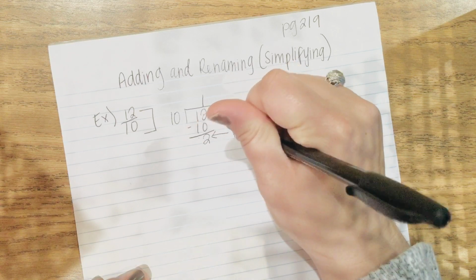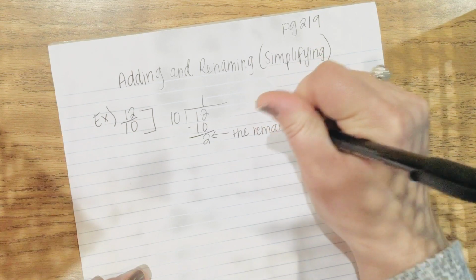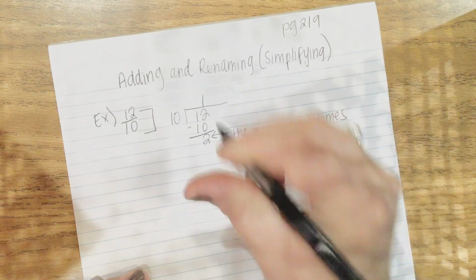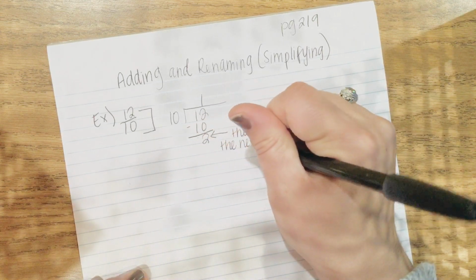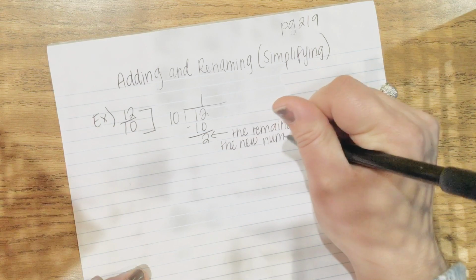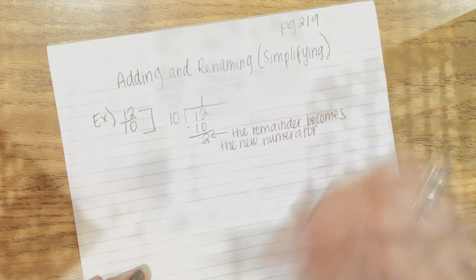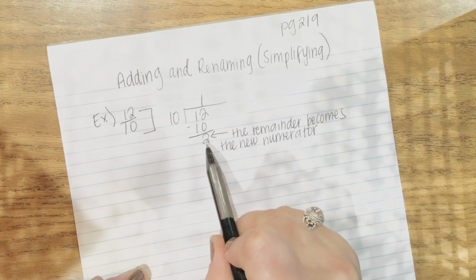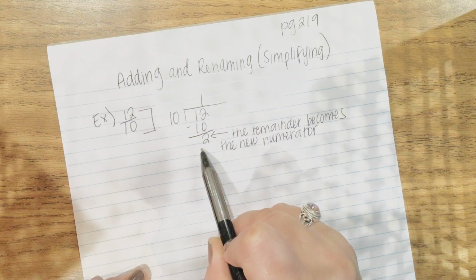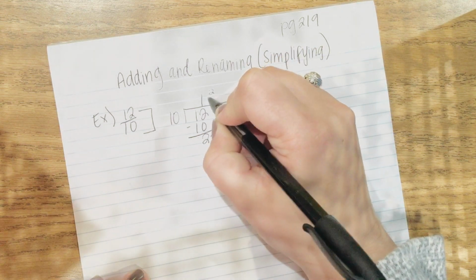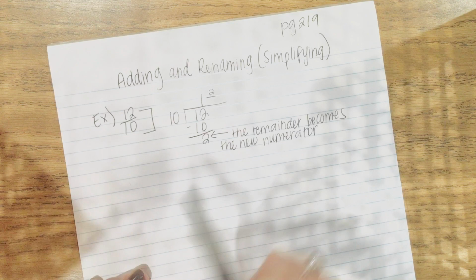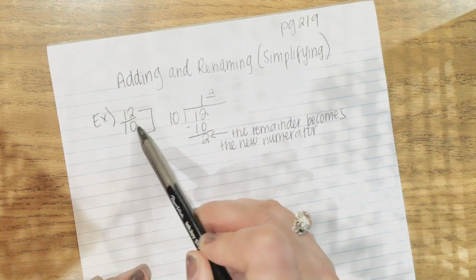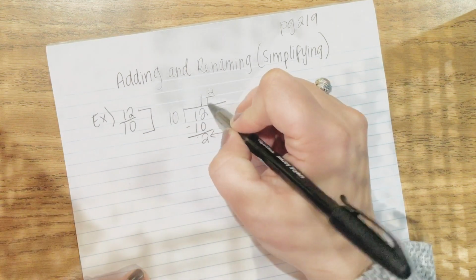So the remainder becomes the new numerator, and you'll see what I mean in a second. We have our whole number right here. Now we're going to take our remainder and that becomes part of our fraction. So 2 is going to be our top number. Our denominator, which is 10, remains the same. It's here and it's here. So we're going to add it here.